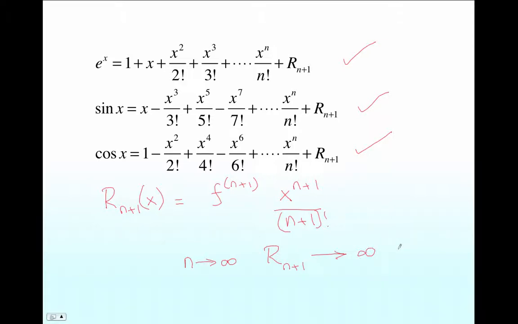And that's saying that as long as we fix x and increase n, we're going to get as accurate an answer as we like. All we have to do is include more terms. In many situations, the Taylor expansion is extremely useful, but there are places and cases where it fails, and fails spectacularly.